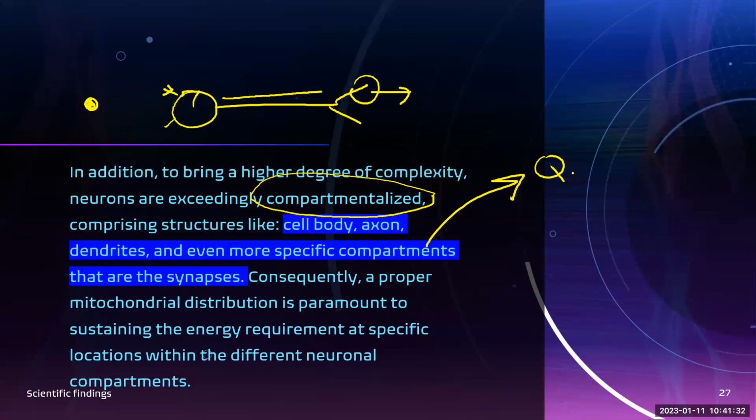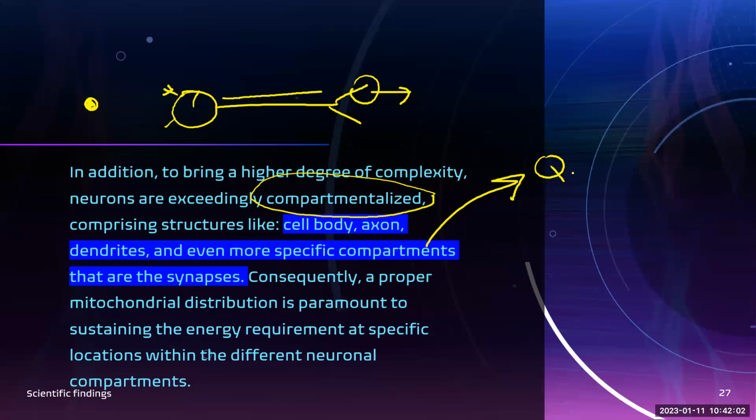The cell body is the main part, controlling all the activities. The axon is the conducting system of the action potential. Dendrites are the receiving place for the action potential. So dendrites take up the action potential, the cell body controls, the axon transports, and the synapse transmits to the next neuron.